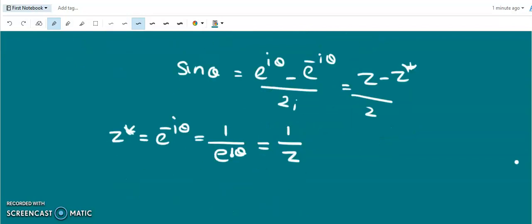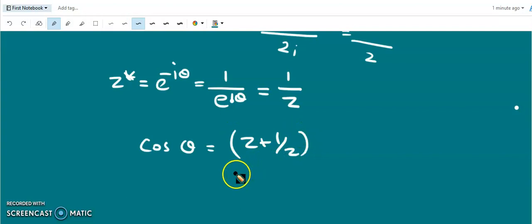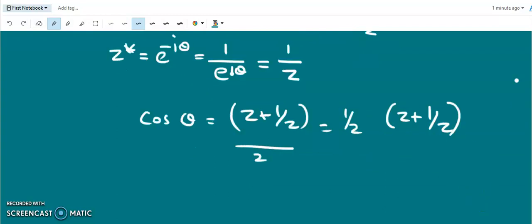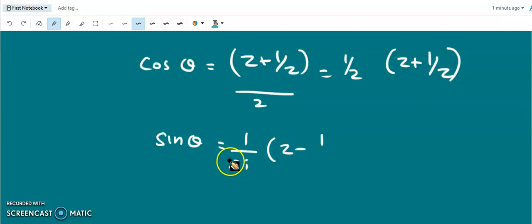Therefore cos theta can be written as z plus 1 by z divided by 2, or 1 over 2 into z plus 1 over z. And similarly, sin theta can be written as 1 over 2i into z minus 1 over z.